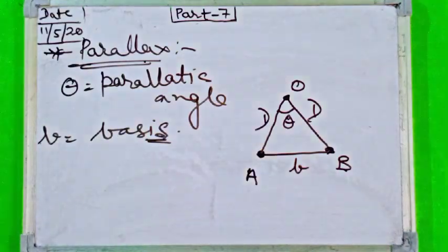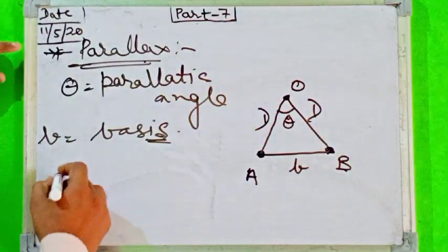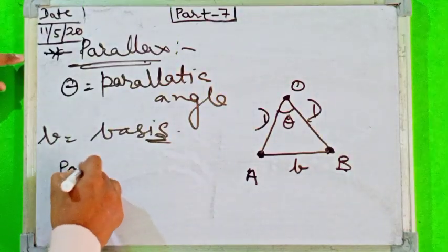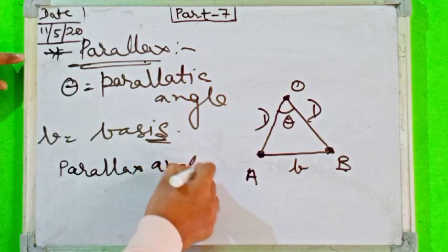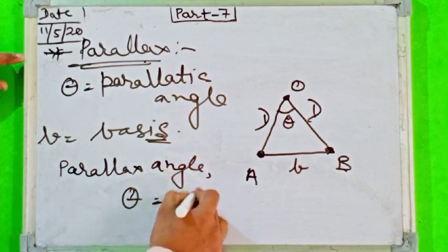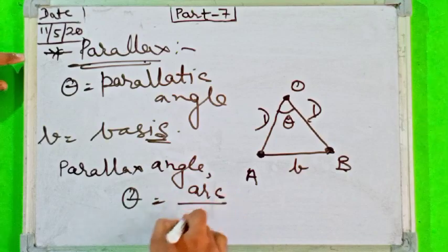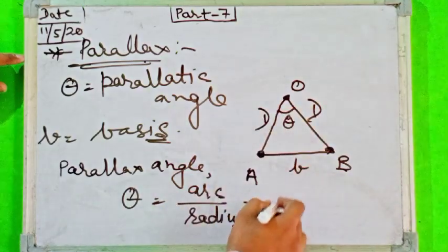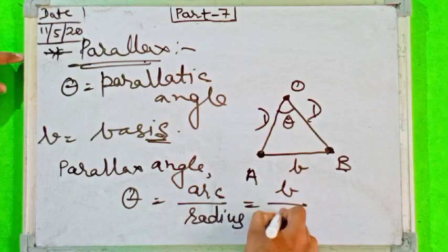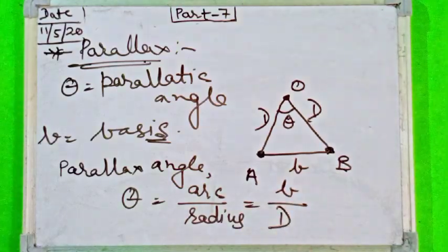So you know that the parallax angle theta is equal to arc upon radius. This arc is B, and the radius is D.